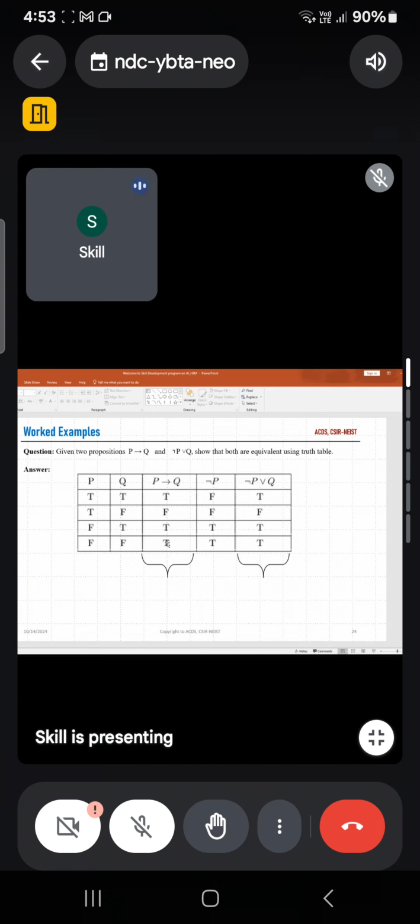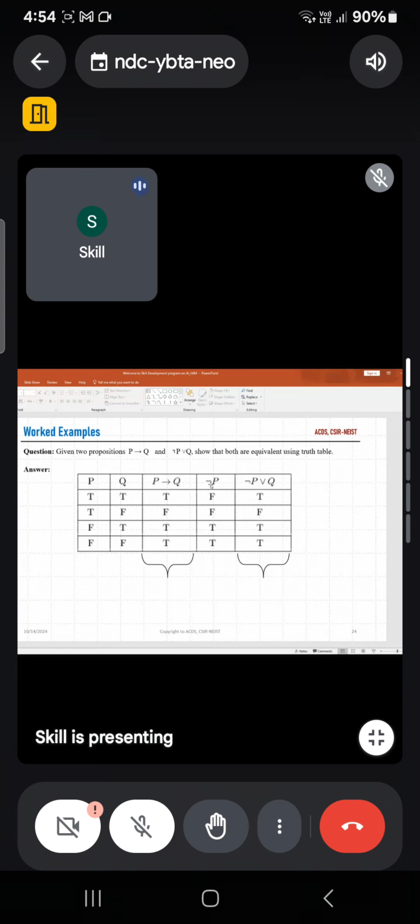Just remember the rules. Whenever P is true and Q is true, it is true. If P is false, regardless of Q, we can directly write true. And if P is true and Q is false, directly we write false.